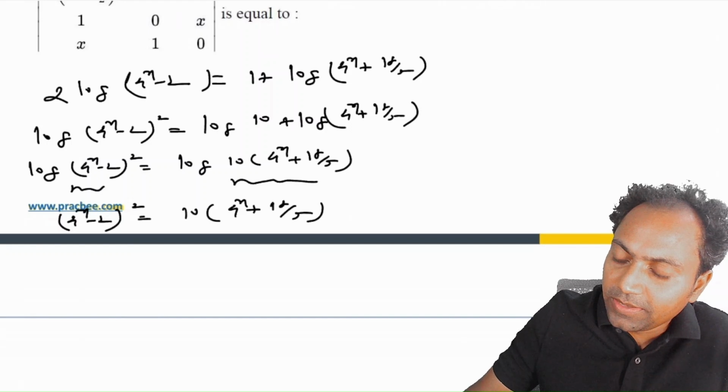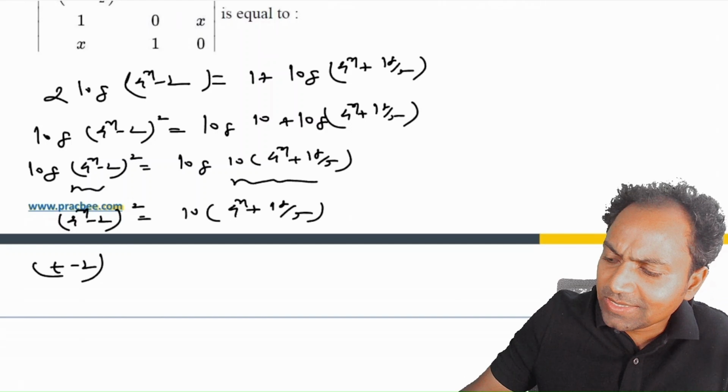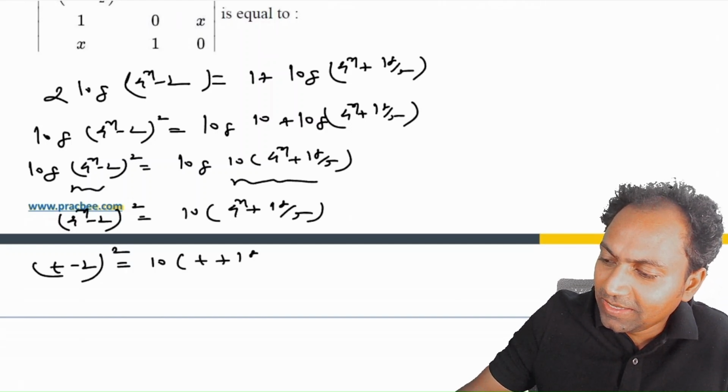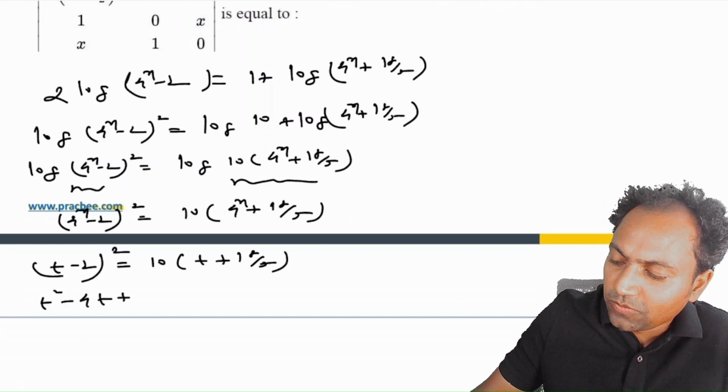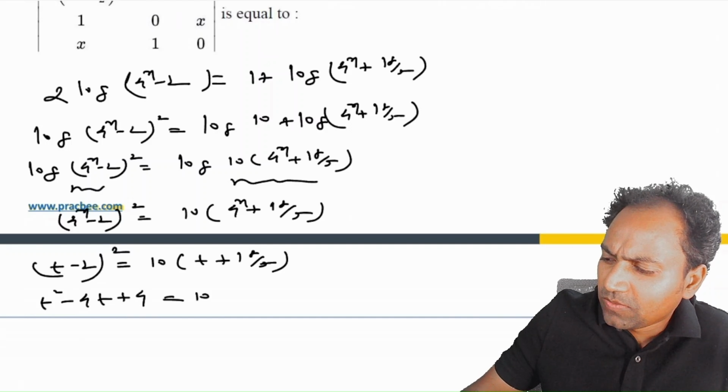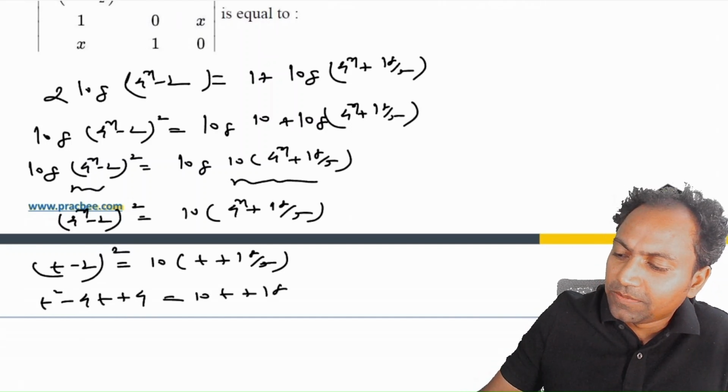And from here, it becomes a quadratic equation in 4 raised to the power x. Now I'm writing 4 raised to the power x as t, it becomes 10 times t plus 18 by 5. And if you do this, t square minus 4t plus 4 is equal to 10t plus 18.